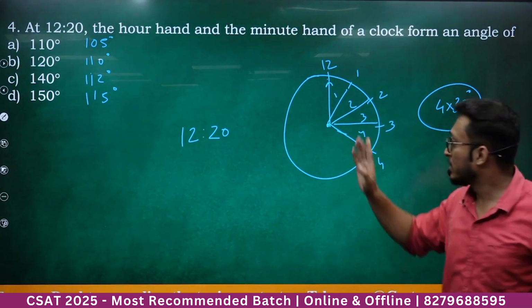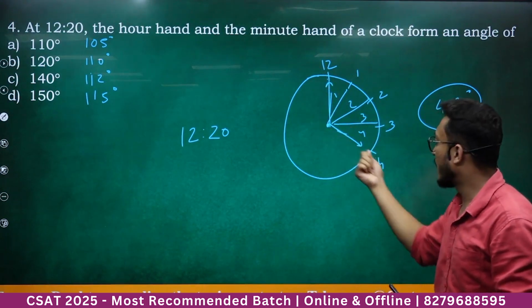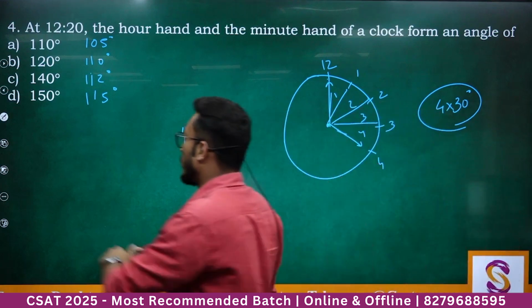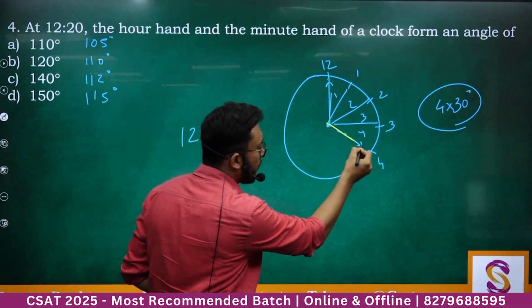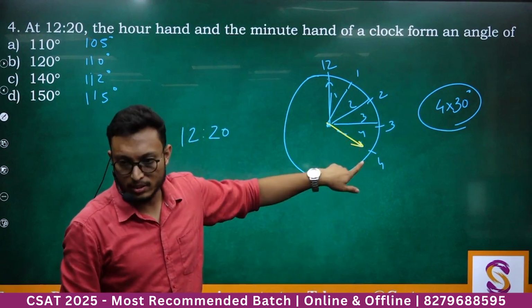But this is when one hand is at 12, the other hand is at 4. Right now the situation is 12:20. At 12:20, one hand will be at 4, 20 minutes, the minute hand wala.